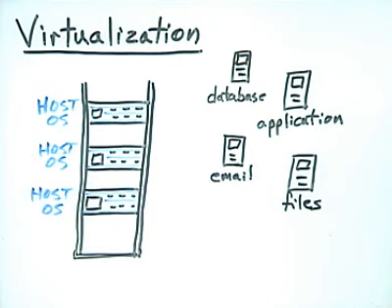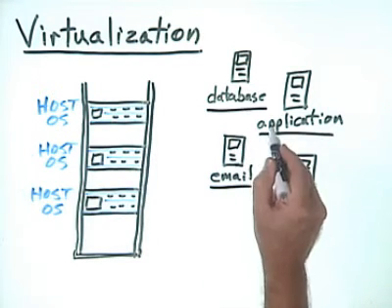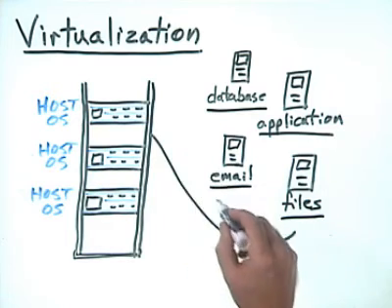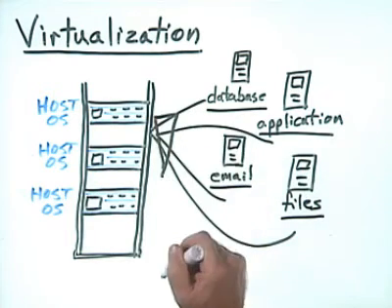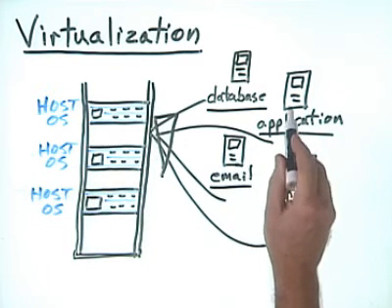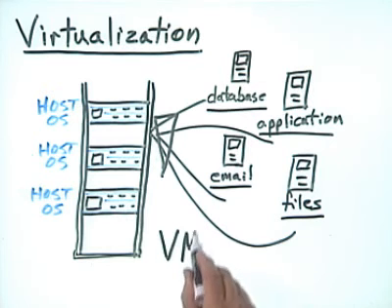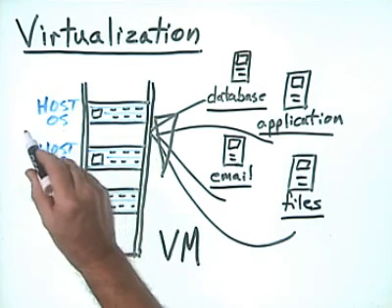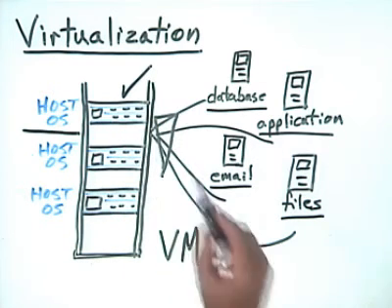Now, envision combining these services or these functions virtually onto one server platform. For all intents and purposes, these servers still exist, but they exist as virtual machines running under a single host OS on a single hardware platform.